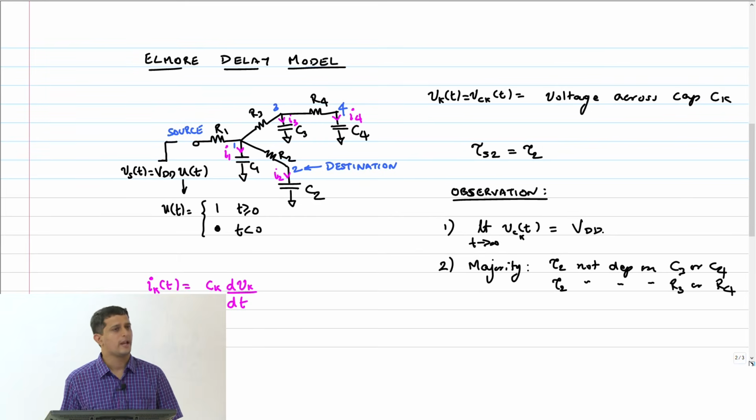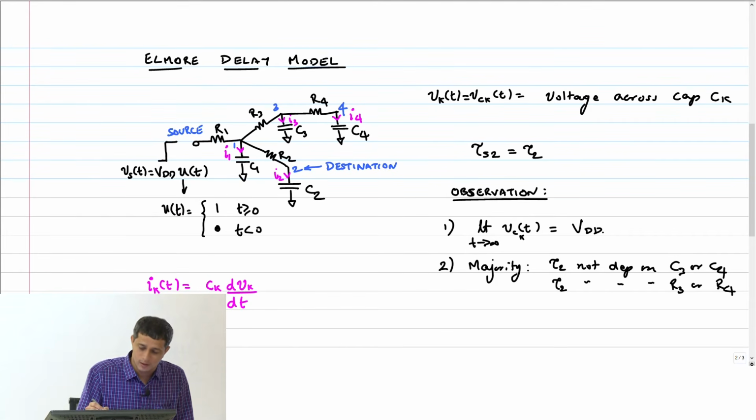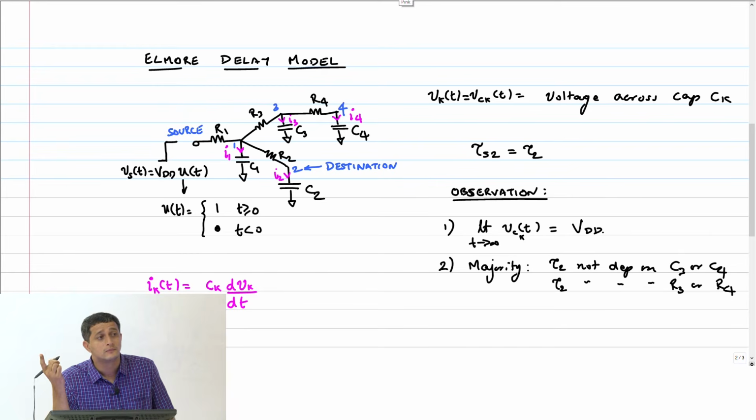So can we write KVL between the source node and the destination node? First of all, what is the current that is flowing through R1? Sum of all the currents, right?